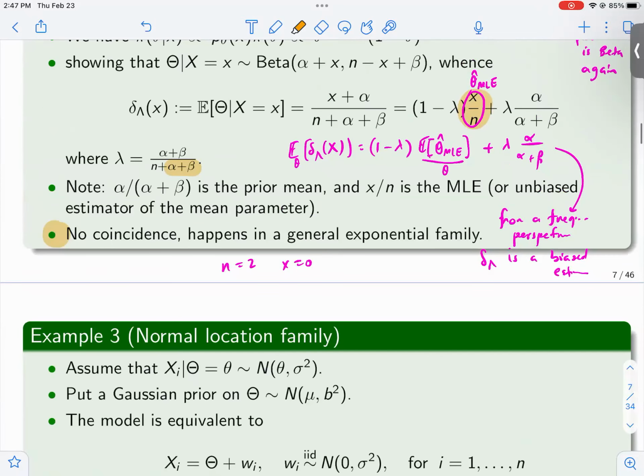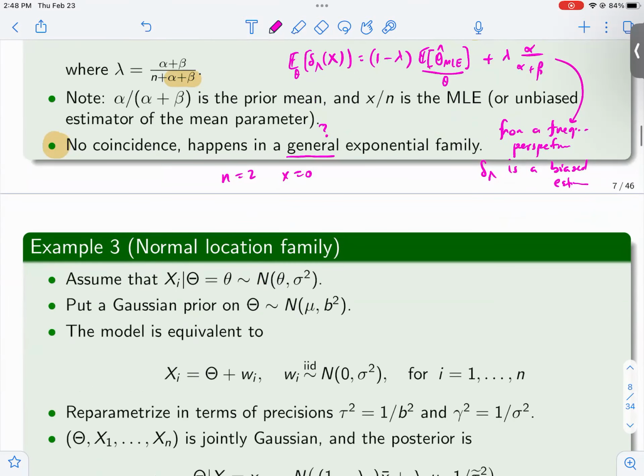To make it precise, we would have to say something more, and the general case would be a little bit tricky. Let's not dwell too much on it. It's not a precise statement, but I'm going to give you at least one more example.